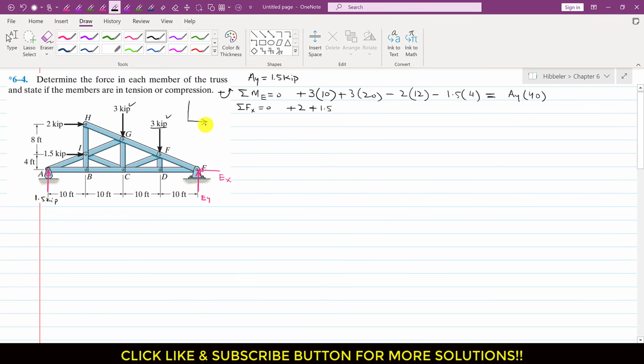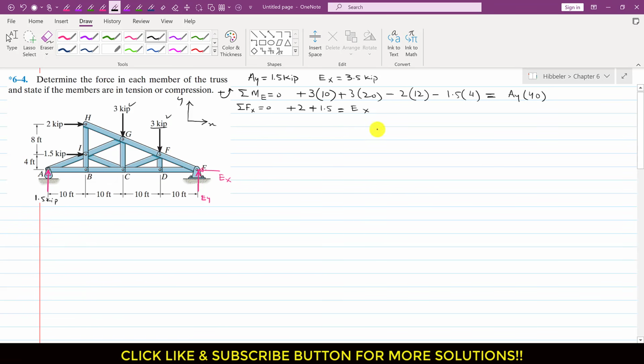This is our coordinate system: this is plus X and this is plus Y. EX is acting in the negative X direction, so I will write minus EX, equal to 0. From this we can say that EX is equal to the summation of these, so EX is 3.5 kip.